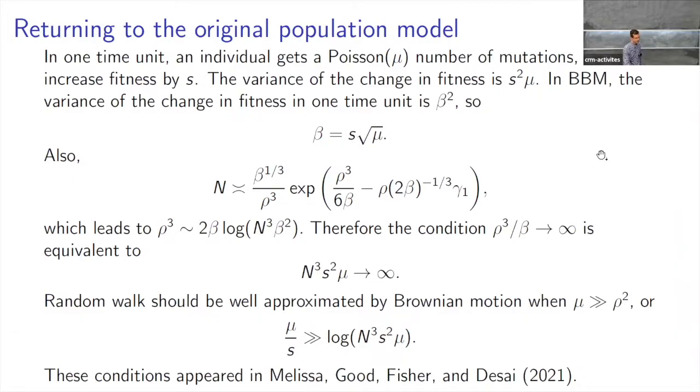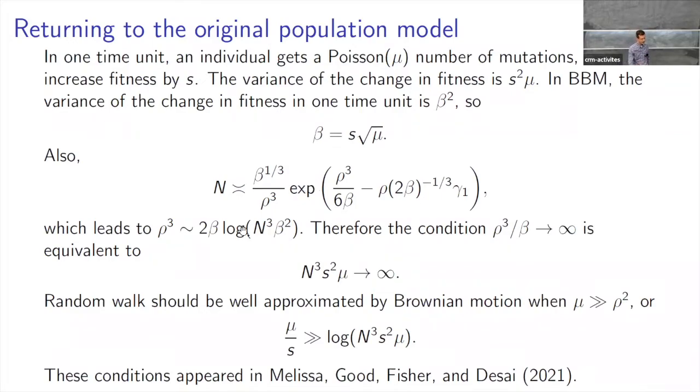Now, in branching Brownian motion, because one time unit corresponds to beta units of fitness, the variance of the change in fitness from one Brownian particle in one time unit is beta squared. And this tells us that the parameter beta in branching Brownian motion corresponds to S times the square root of mu in the original population model.